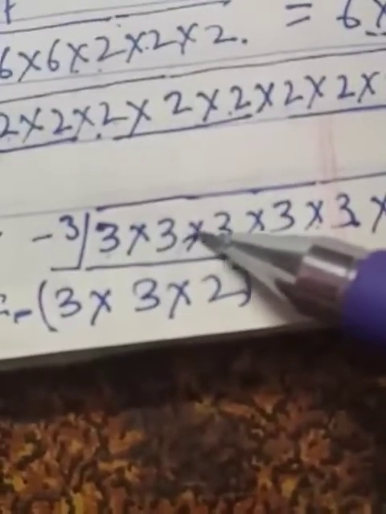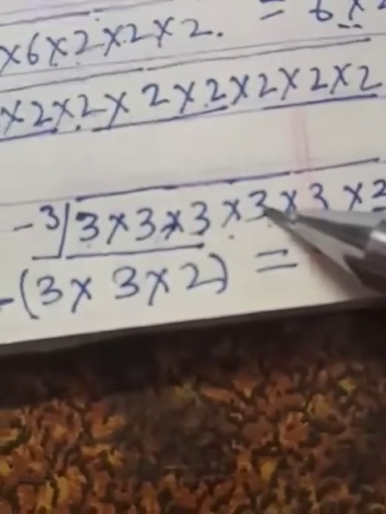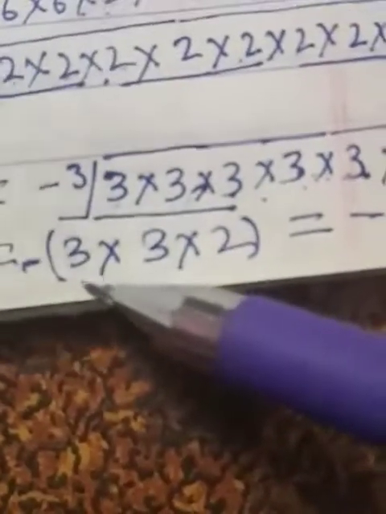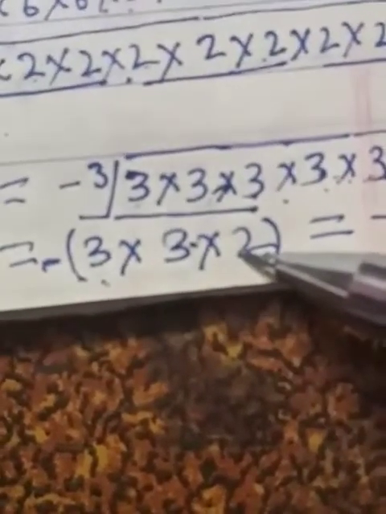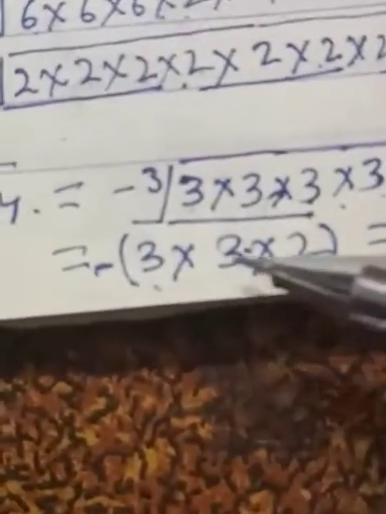Now 1 time 3, and 1 time 2. 3 threes are 9, 2 nines are 18. Minus 18 is the answer.